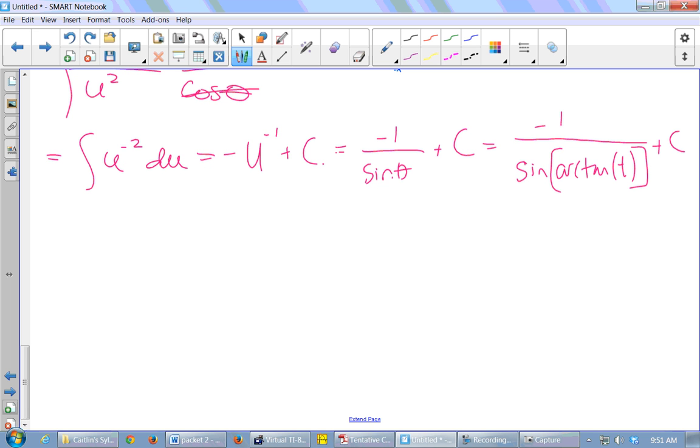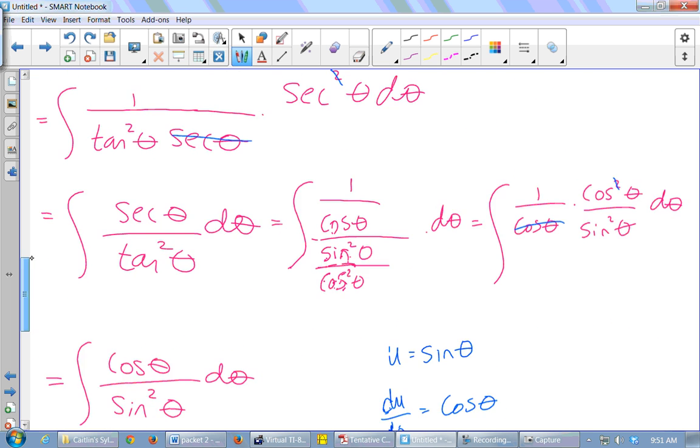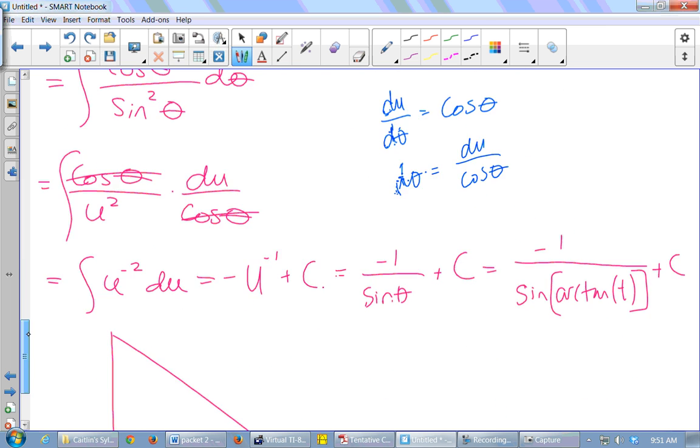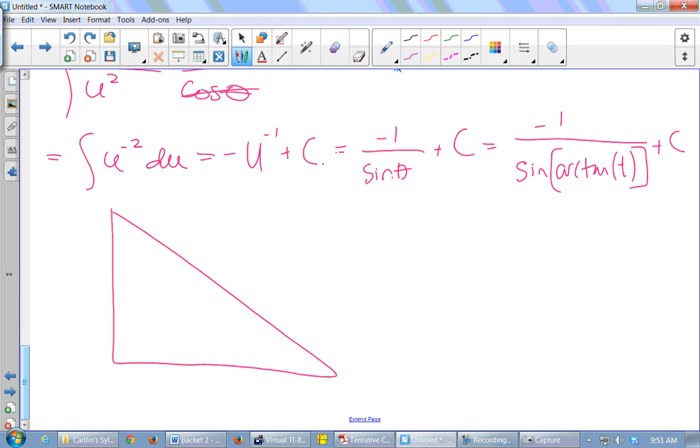So make a triangle. t equals the tangent of theta. So let's have one of these angles be theta. Tangent is opposite over adjacent, t over 1. And then this would be the square root of t squared plus 1. So the arctangent of t is theta, right?